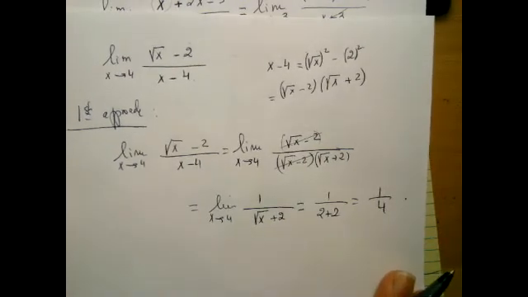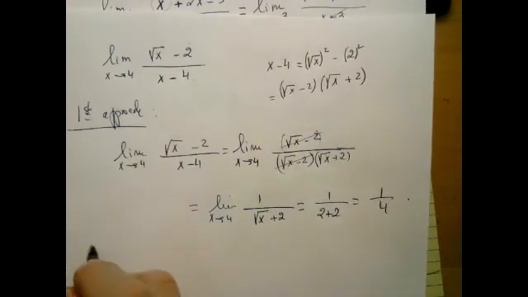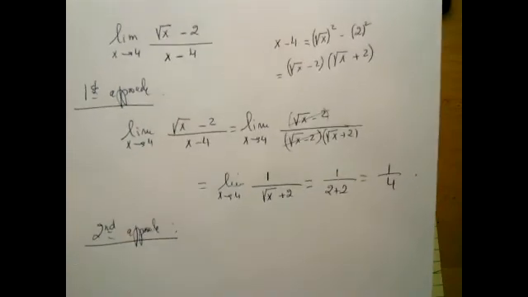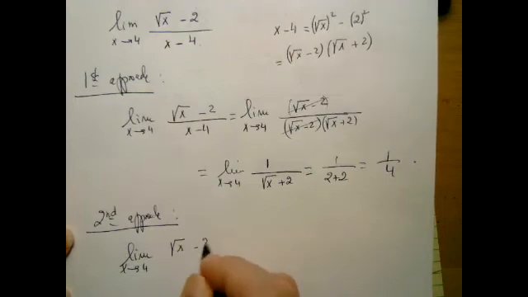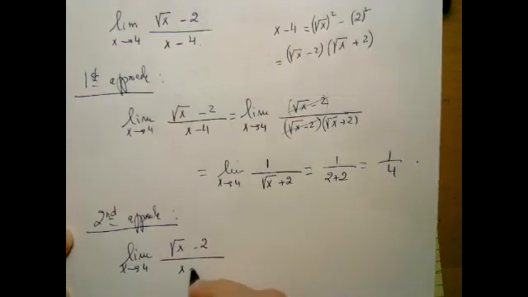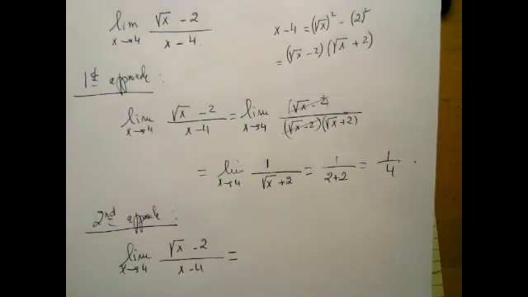Either way is acceptable as far as I am concerned, but you should be aware of another way because we may need it in other situations. So again, my problem is the limit as x becomes close to 4 of the square root of x minus 2 over x minus 4. Okay. The other approach is what we call rationalization.